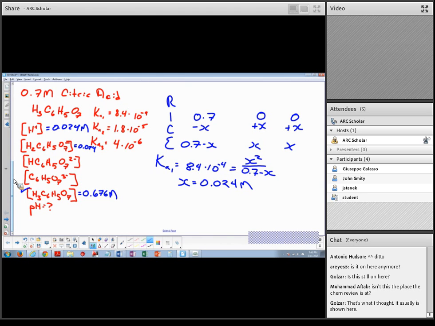So that's going to be our acid this time. So I'm using this guy again. H2C6H5O7 minus, remember, double arrow. And I'm going to be reforming H plus again. And now I'm making HC6H5O7 2 minus.